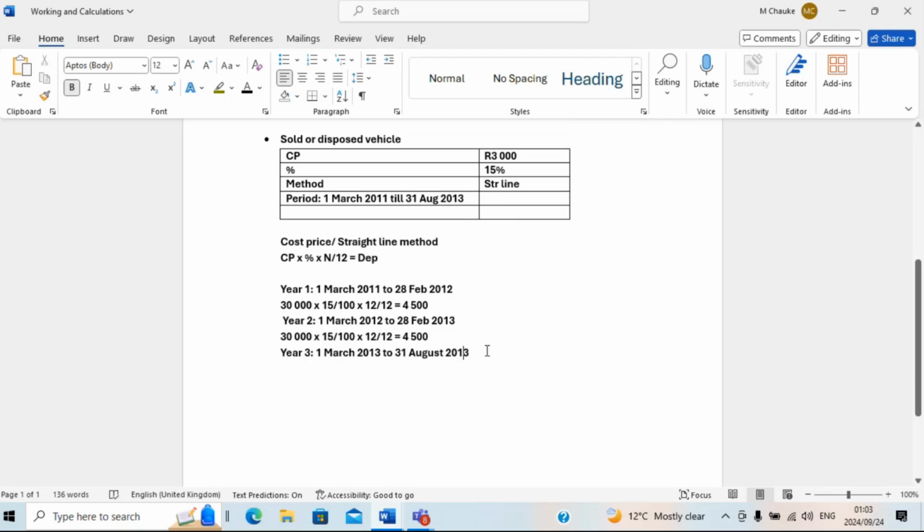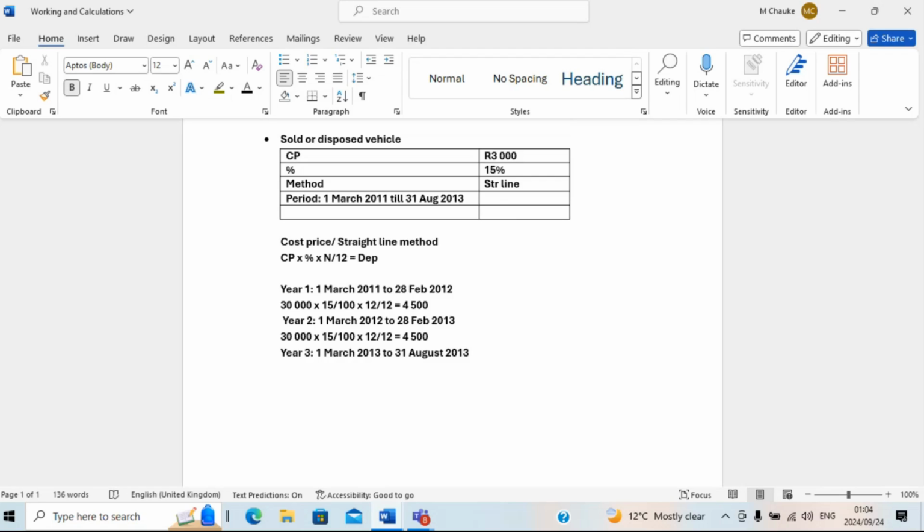So now, how many months there? From the 1st of March 2013 to 31st August 2013, let's count: March, April, May, June, July, August, which is 6 months. So this vehicle in the current year was there for 6 months. So let's calculate depreciation following the method.